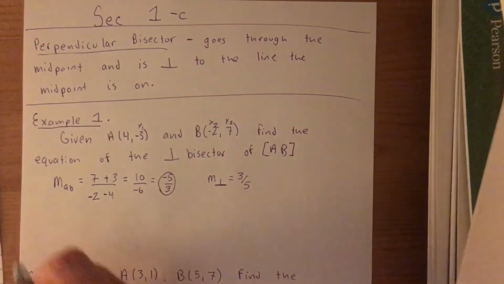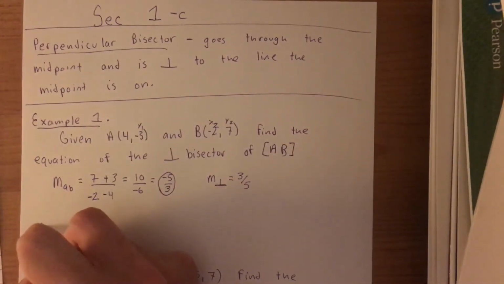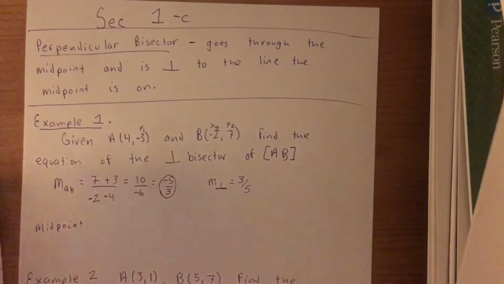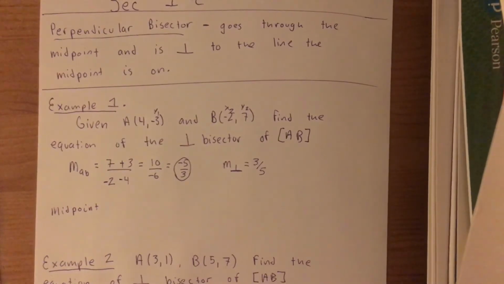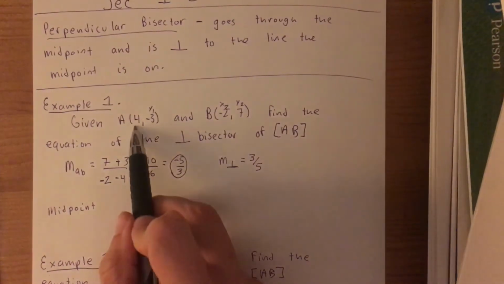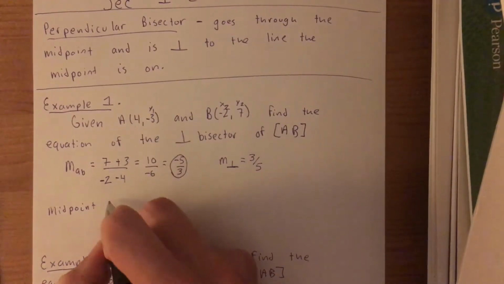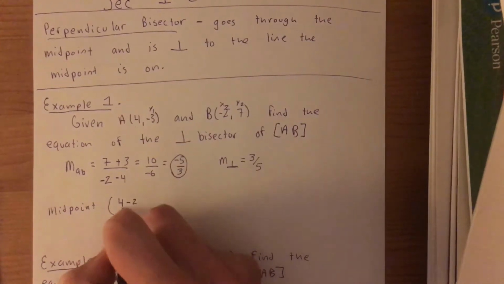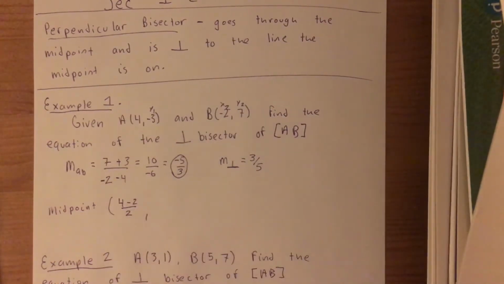Formula-wise, you can use a formula to do this, or you can use just common sense. This time I will opt to use the midpoint formula. So we're going to average 4 and negative 2. So 4 plus negative 2, 4 minus 2 over 2, that's going to be our x-coordinate.